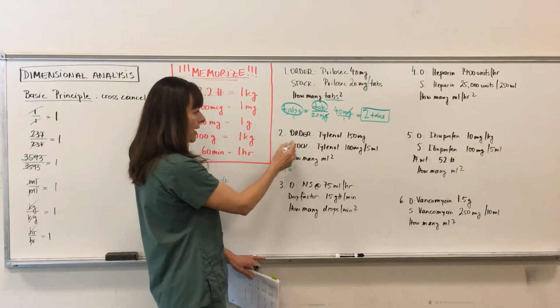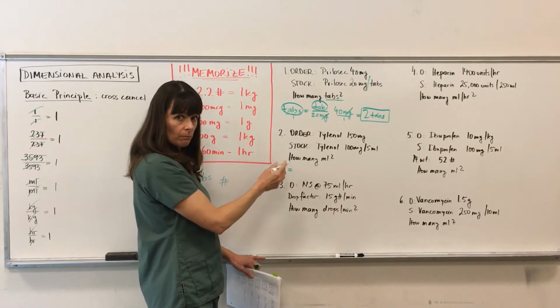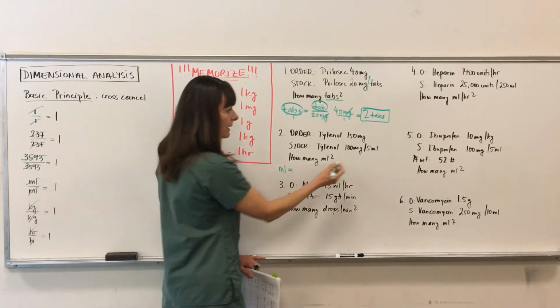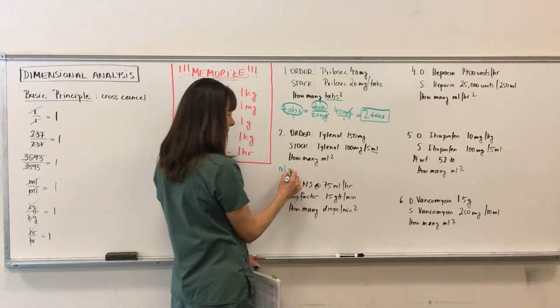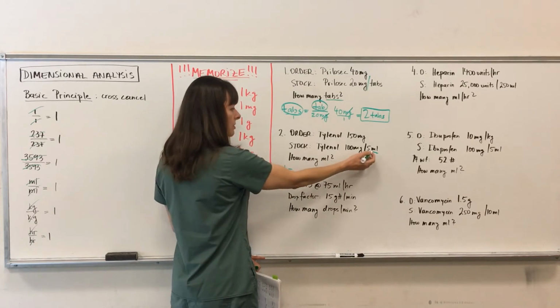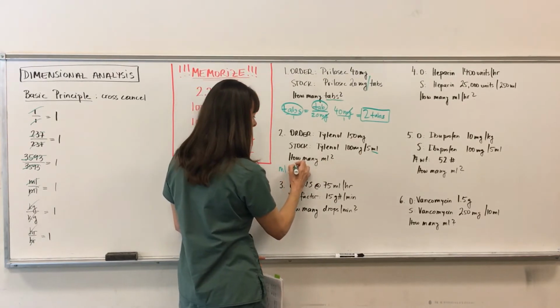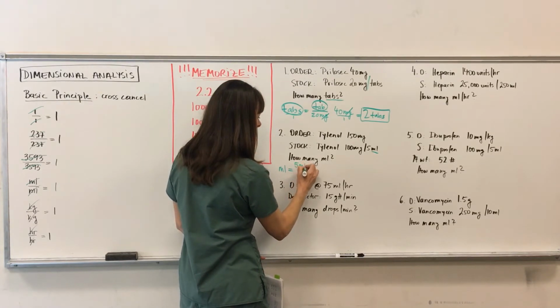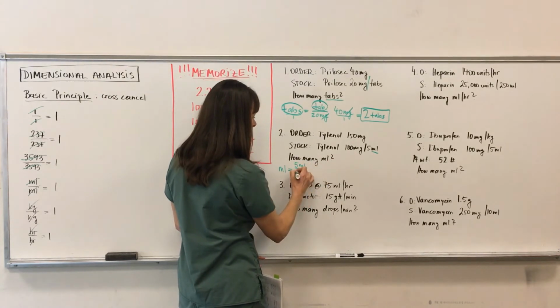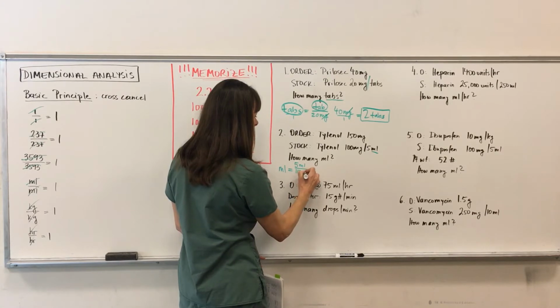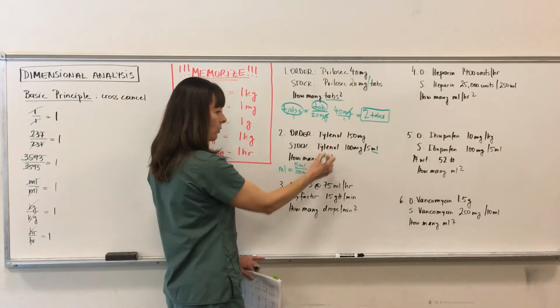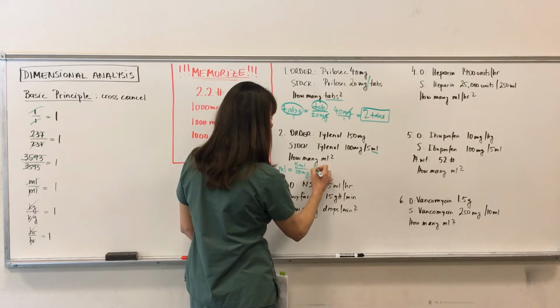Now I look in the numbers that I have given, where are my milliliters? So the milliliters are on the top. Because I want to be left with those in the end, I'm going to write those on the top. So 5 milliliters per 100 milligrams. And my order is 150 milligrams.